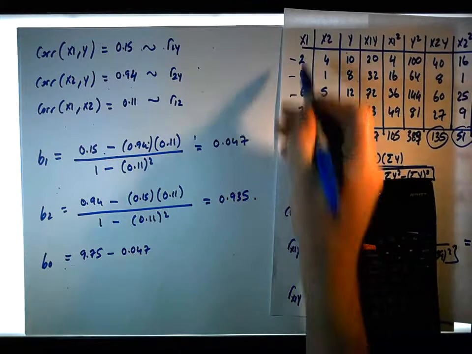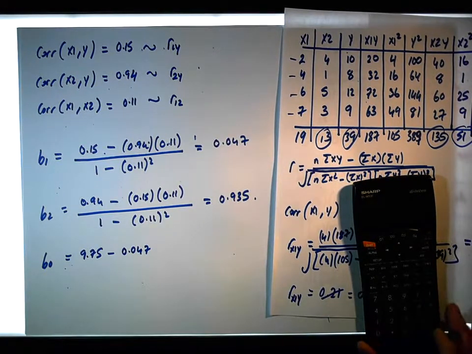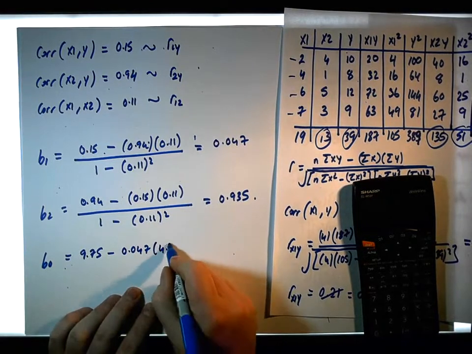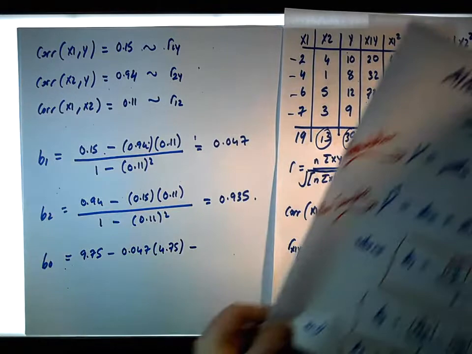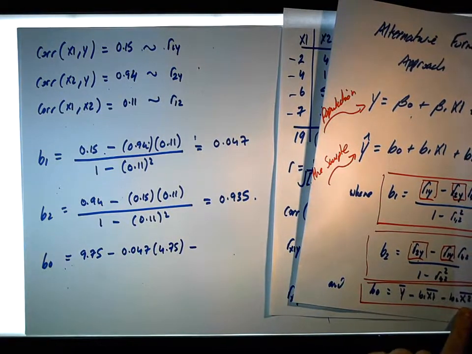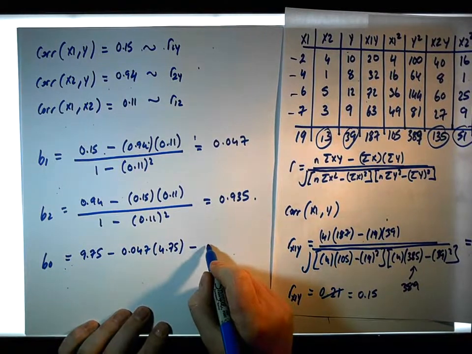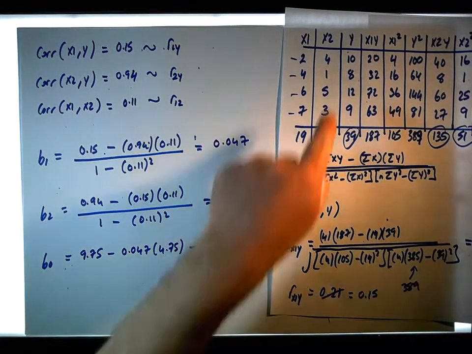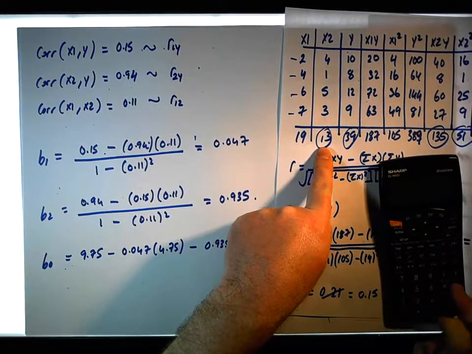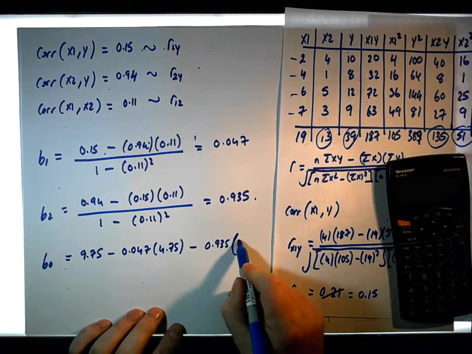Now the sum of the first independent variable is 19, so 19 divided by 4 is going to give us a value of 4.75. Minus B2, which is 0.935, times the average of the second independent variable, which is 13 divided by 4, which gives us a value of 3.25.